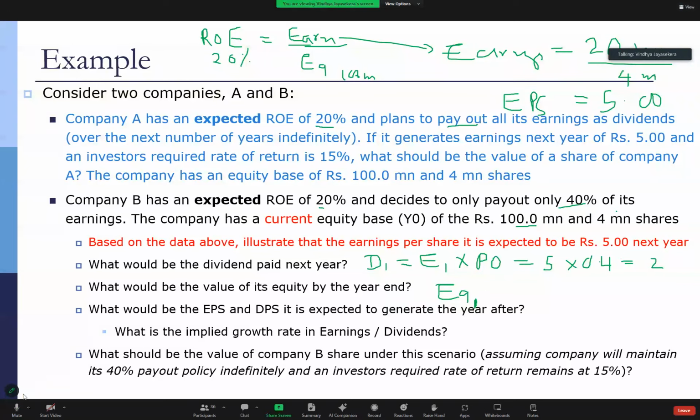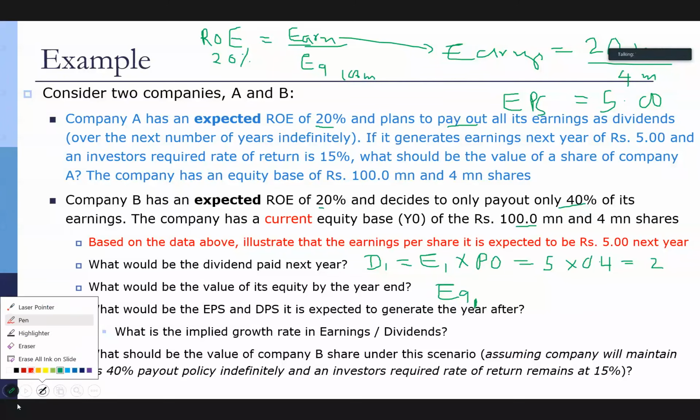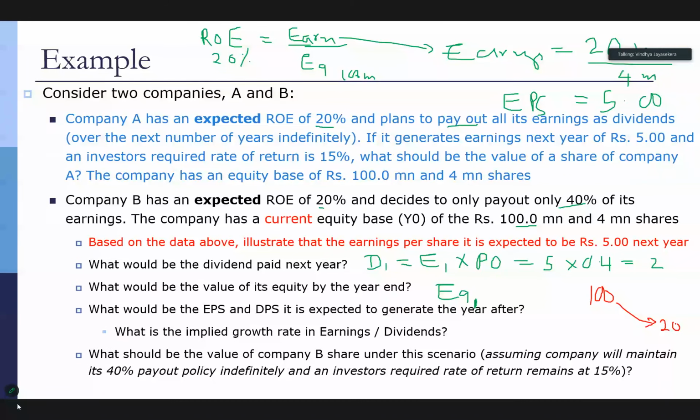Yes. So now I had 100 million in equity in year 0. From this equity, I generated 20 million profits. Out of 20 million profits, I paid out dividends of 2 million. Is that correct? No, not 2 million.